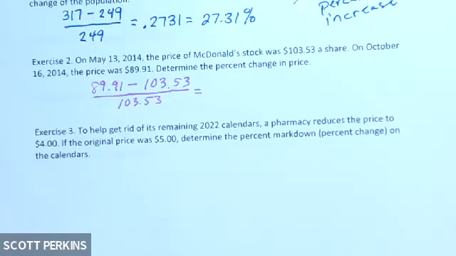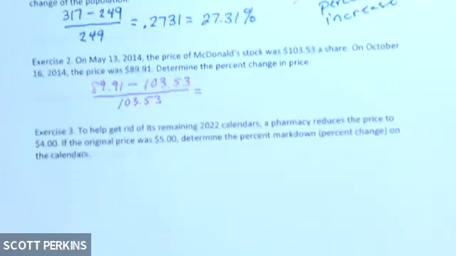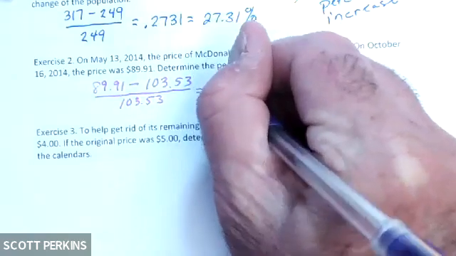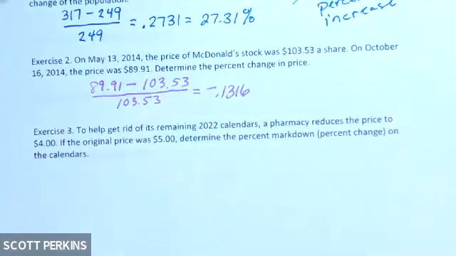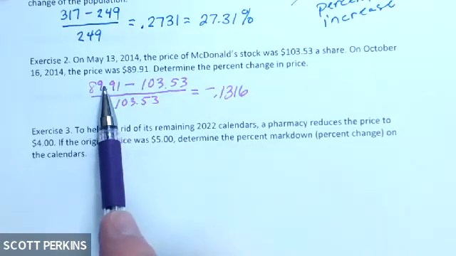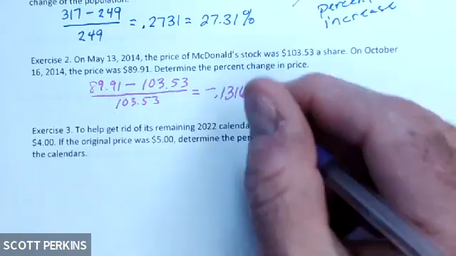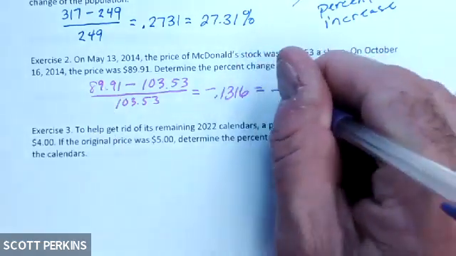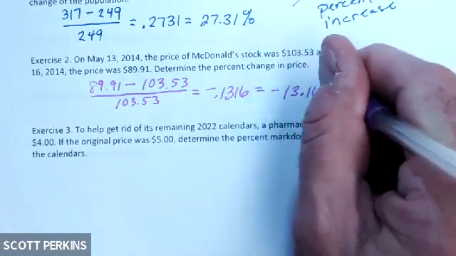So I get negative 0.1316 when I've rounded to the 4th decimal place. The negative tells me this is a percent decrease, and I got that because the new value was smaller. It decreased over time. And then when I make this into a percent, it's negative 13.16%.